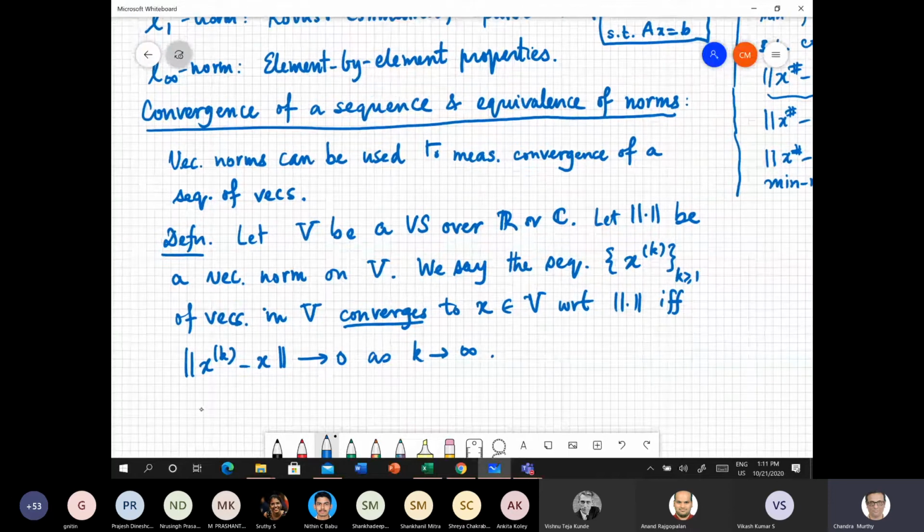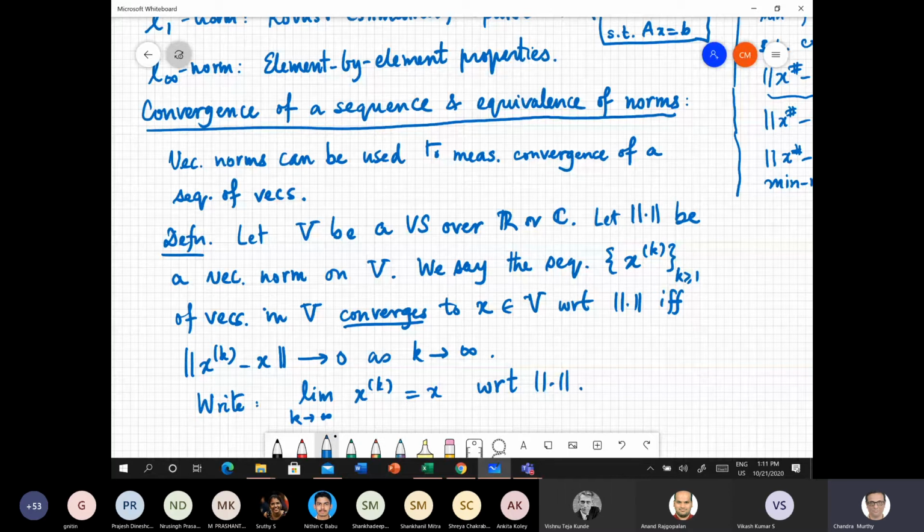And we will write this as limit k tends to infinity xk is equal to x, again with respect to this norm. Okay, so this is the definition, and two aspects immediately come out.